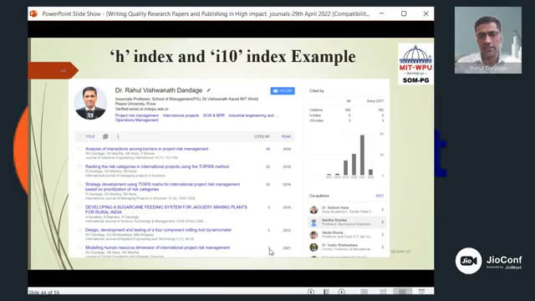So in this case, I have 5 research papers, research paper 1, 2, 3, 4, 5, which have 5 or more than 5 citations as far as the Google Scholar database is concerned. That's why you can see my H index is 5.